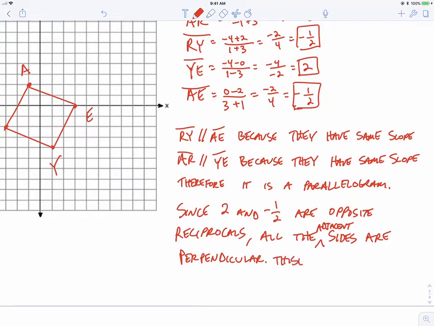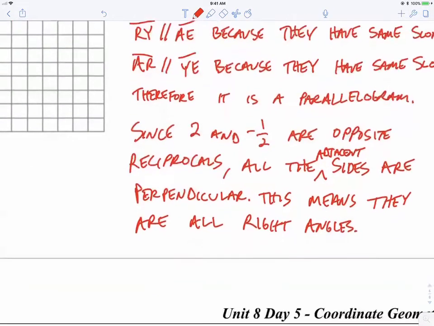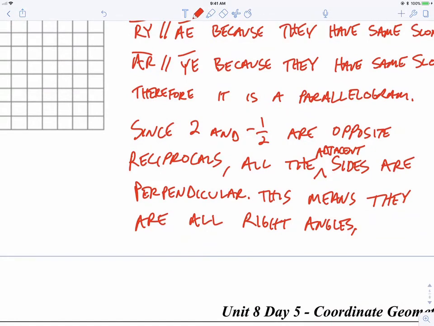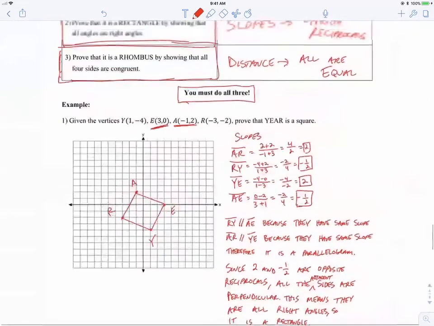This means all right angles. So it is a rectangle. Just from the slopes, we proved parallelogram and rectangle, which were those first two.